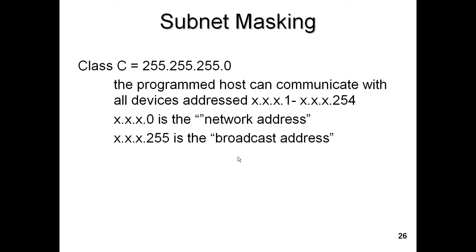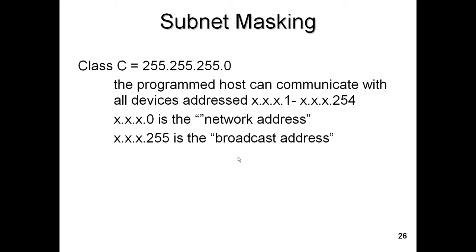So the subnet mask is part of what I call the 4 magic keys. The 4 things that you have to program into every device that you're going to put on a local network. Those 4 magic keys are the IP address, the subnet mask, the default gateway, and the port numbers. And we're going to get to the default gateway and port numbers as we move along. But here you see our Class C subnet mask.